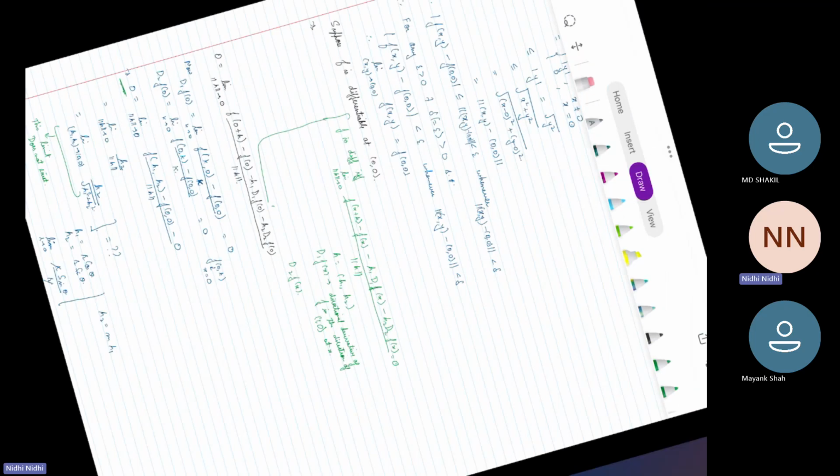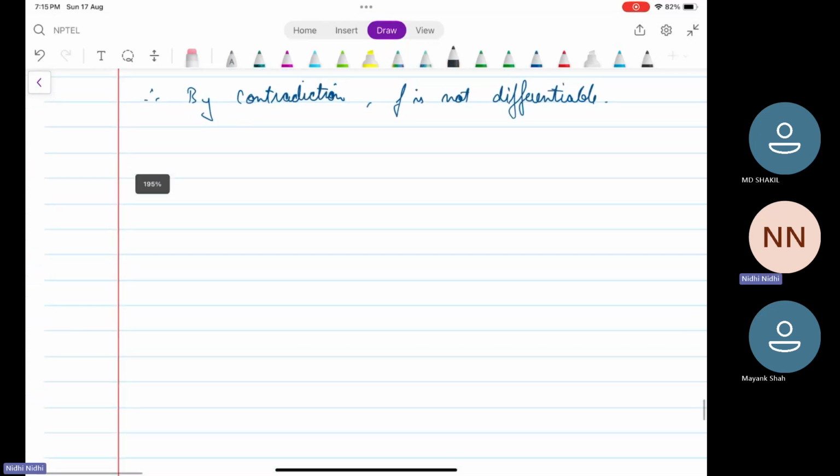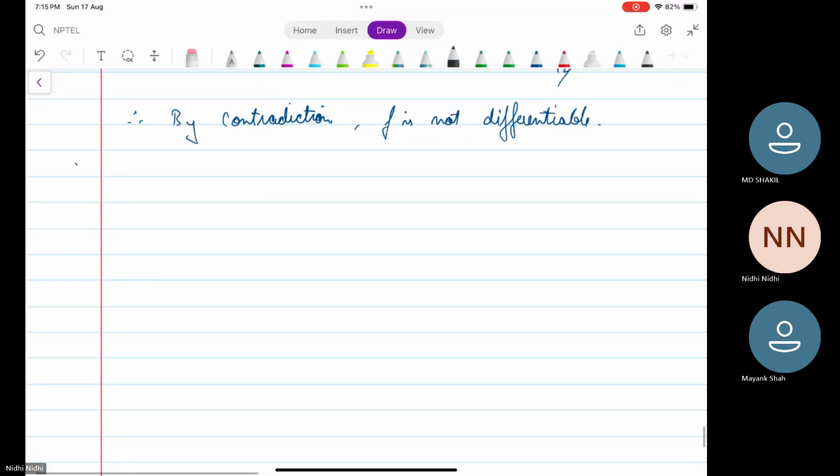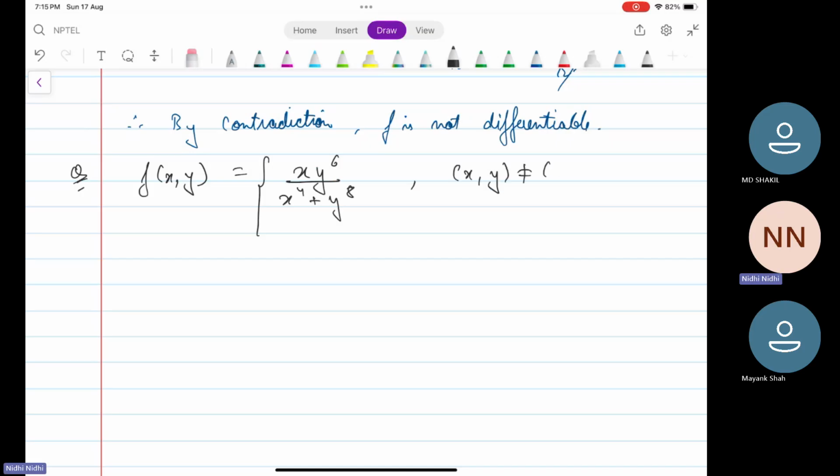Next, I would like you to try this yourself. Check the continuity and differentiability of the function f(x, y) equal to x y to the power 6 by x to the power 4 plus y to the power 8 whenever (x, y) is non-zero, and 0 whenever (x, y) is (0, 0).